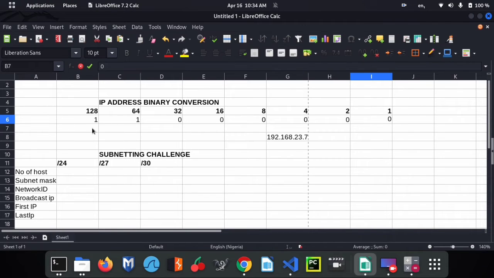The next one, 168: we get 128 plus 32, which is 160, and we need an 8, which is 1. So the rest will be 0.